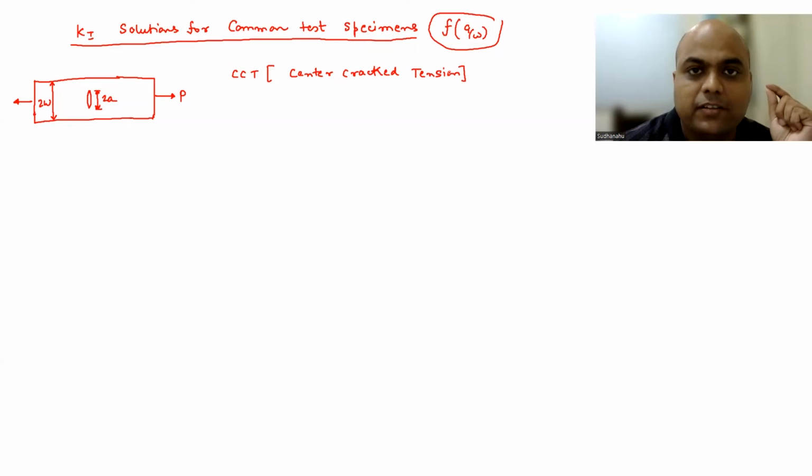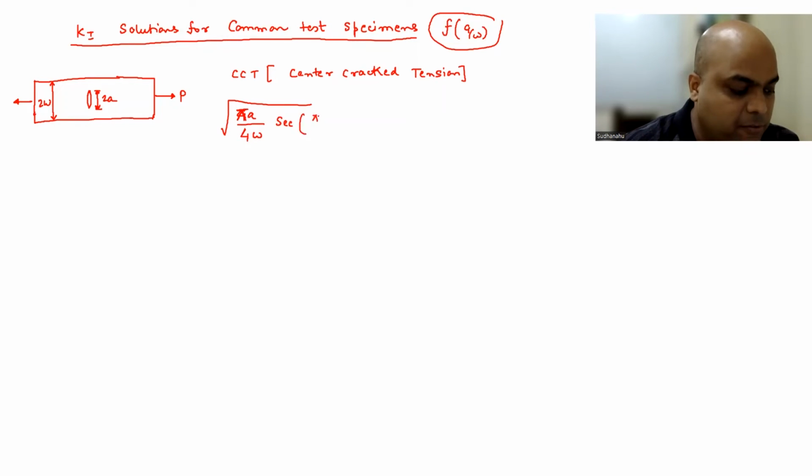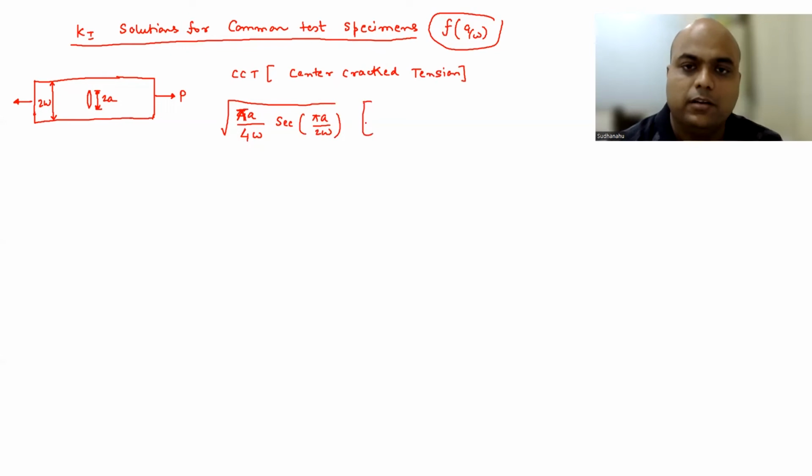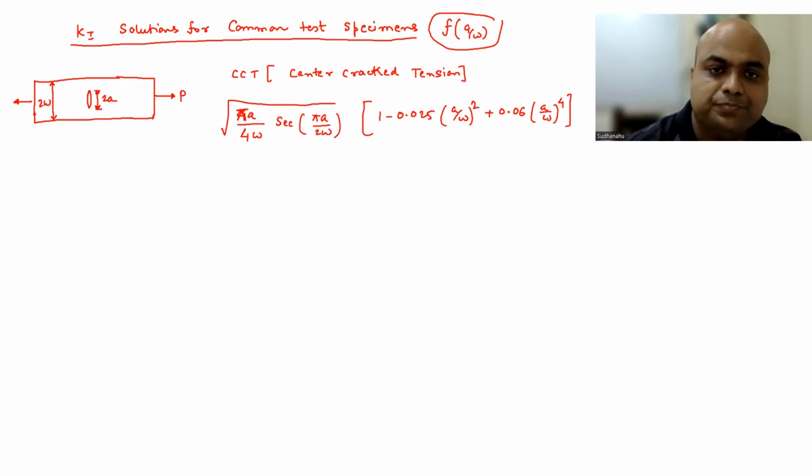For this, F of A by W is given as root over pi A divided by 4W, sec of pi A by 2W, and then our expression with respect to A by W: 1 minus 0.025 A by W squared plus 0.06 A by W to the power 4.